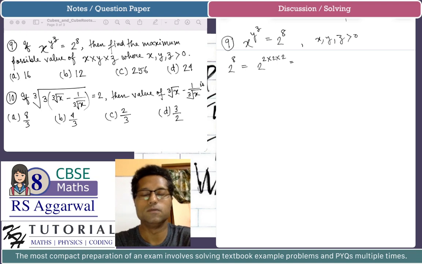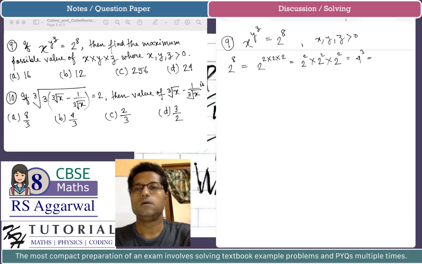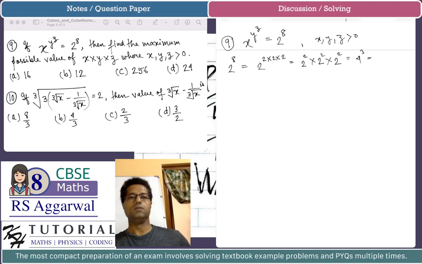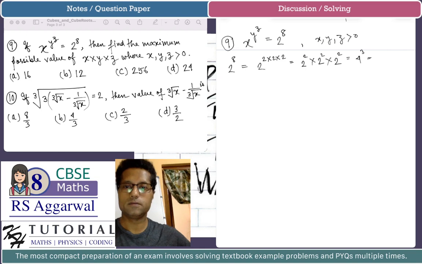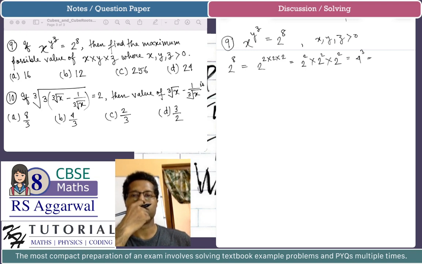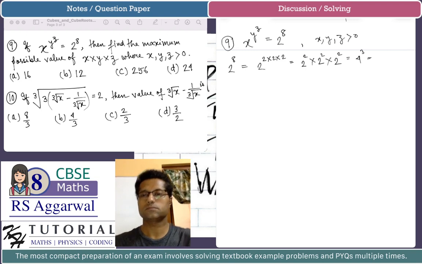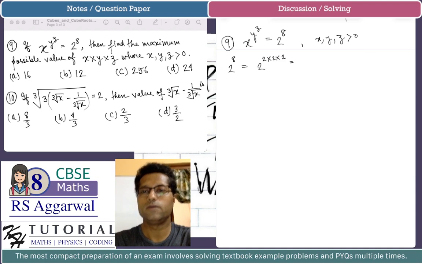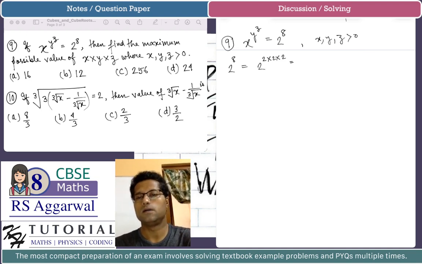So this is equal to 2 square multiplied by 2 square multiplied by 2 square. Sorry, this was wrong. 2 to the power, the power is 2 into 2 into 2.